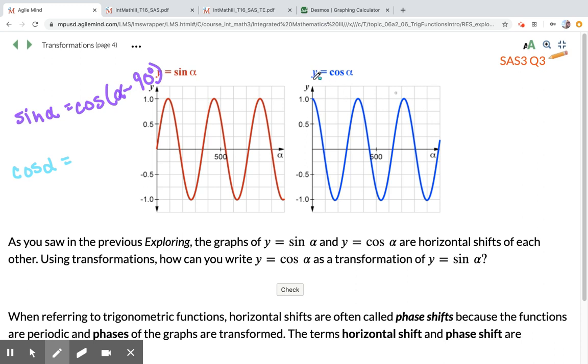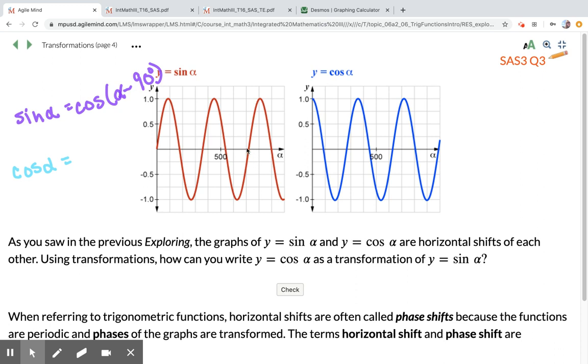We said you could either take your cosine and shift it left 90 degrees in order to get sine alpha. But doesn't that mean that instead, we said last time that you could take your cosine alpha and shift it right 90 degrees to get it to match sine.